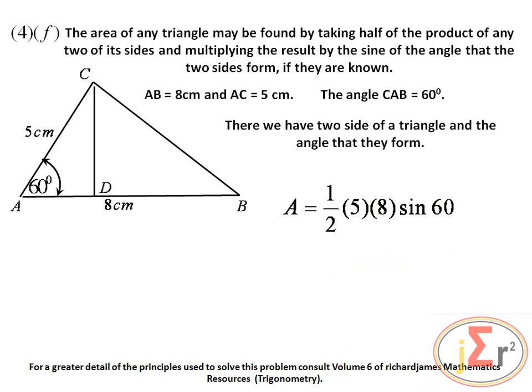A is equal to a half of the product of the two sides multiplied by sine of the angle that the two sides form. And the result is 17.3 centimeters.